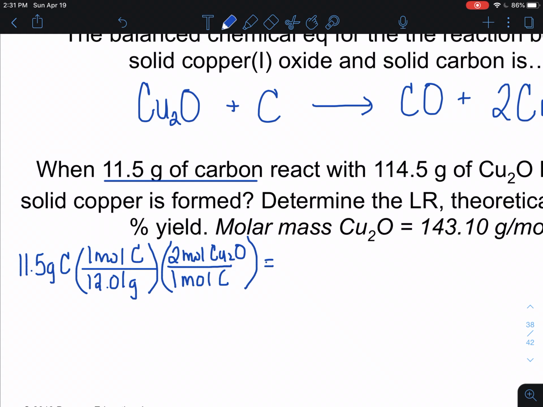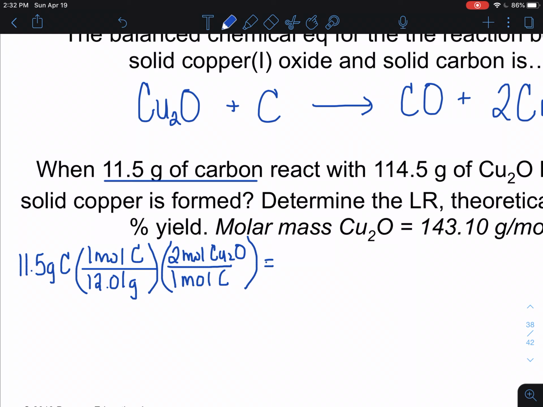And that, let's see, 11.5, 1 over 12.01, multiplied by 2 over 1.